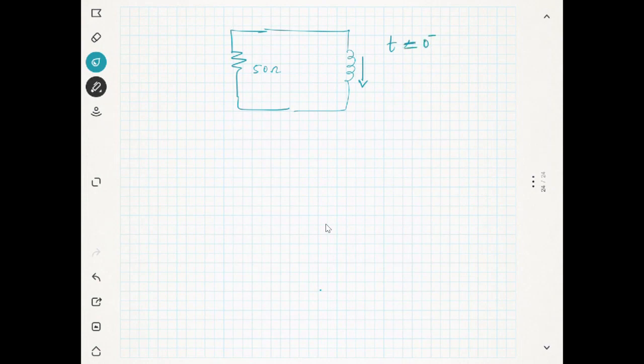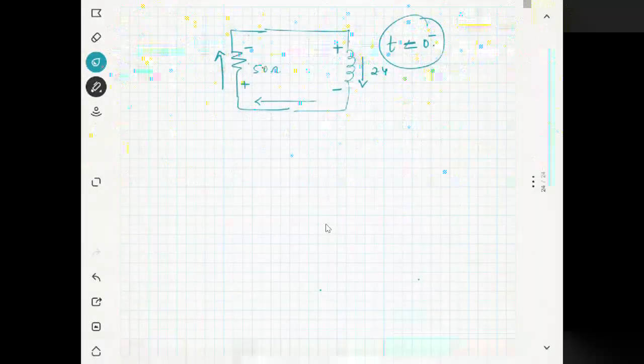The current was 2.4 ampere. If it was like this, plus and minus, then what will be the voltage here? If you write the Kirchhoff law, this is the current. I am talking about the case t equal to 0 minus. So this is plus, this is minus.